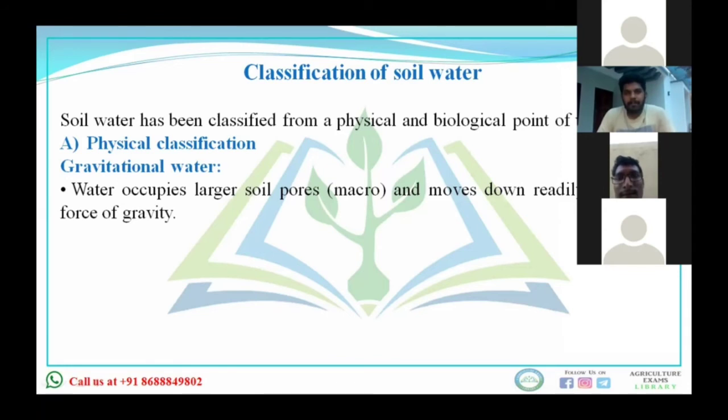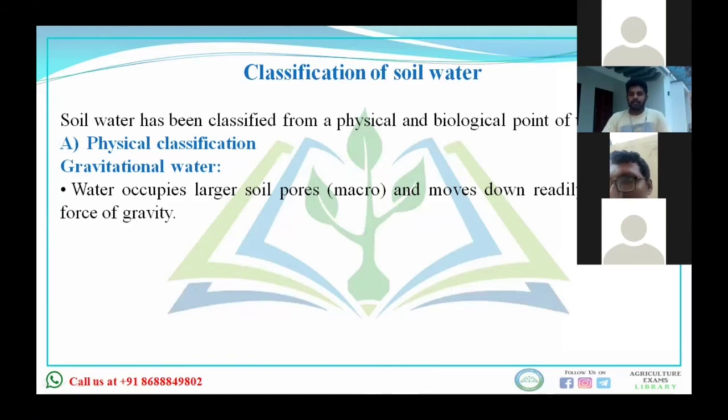Water in excess of field capacity is termed gravitational water. Is this water available to the plant? No, sir. Why is it not available to the plant? Because it is present in the larger pores, and it reduces the soil aeration also.